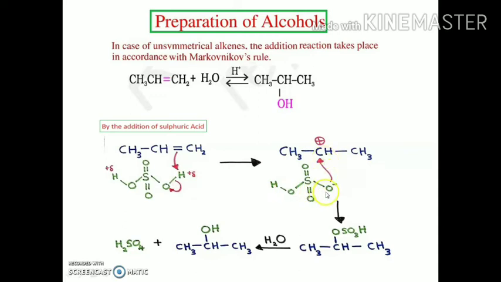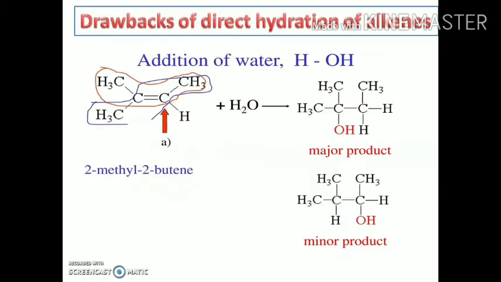The sulfate ion will attack this carbocation, making an alkyl hydrogen sulfate adduct, and hydrolysis of this adduct will give you the alcohol and sulfuric acid. But there are a few drawbacks of this method.